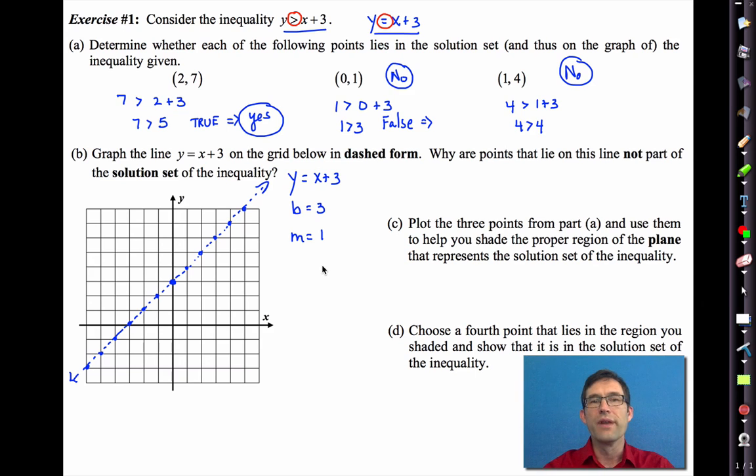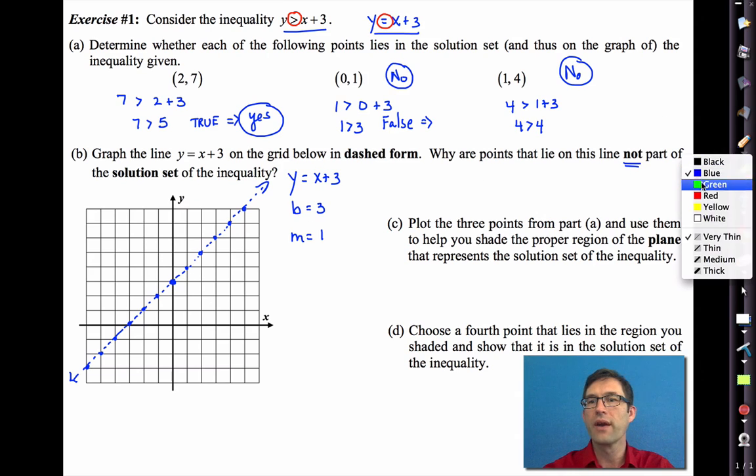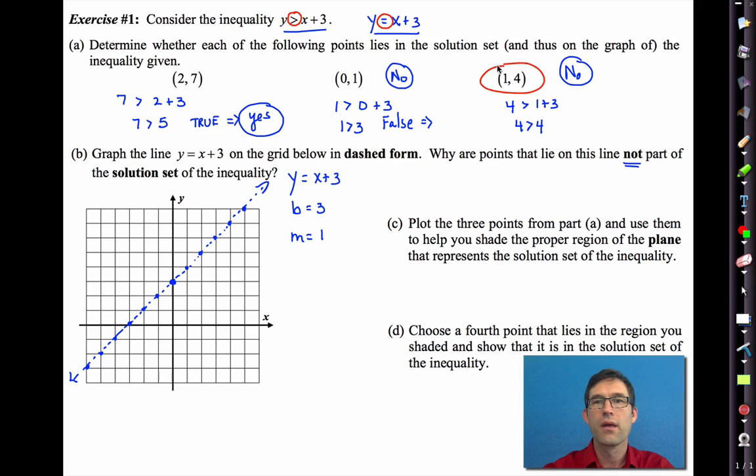The second part of it really explains why they're dashed. Why are points that lie on this line not part of the solution set? Now, by the way, I just want to point out something. This point right here is right here. It lies on that line, okay? And we said that no, it's not part of it, right? And it's not part of it for a very, very clear reason, all right?